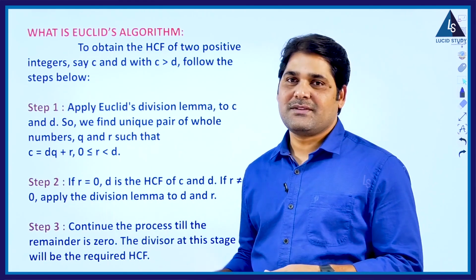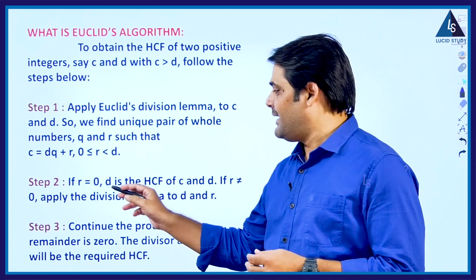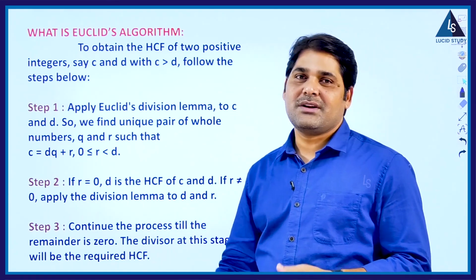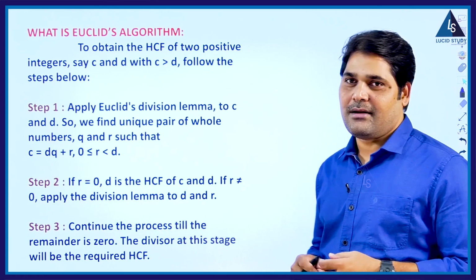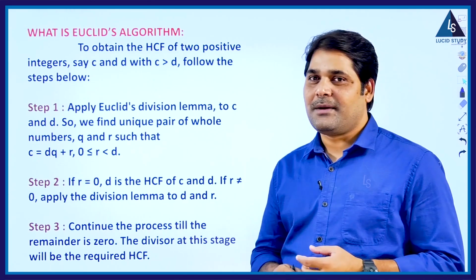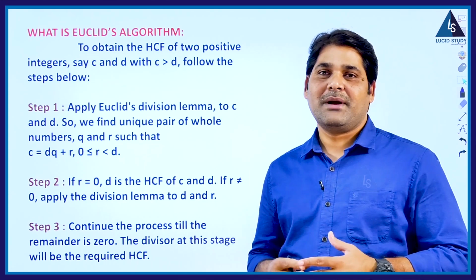Now step 2: see, if the remainder is equal to 0, then D is the HCF of C and D. If the remainder is not equal to 0, then again apply the division lemma for D and R. We will take one example, don't worry, and we will solve that. See next, step 3: continue this process until you get the remainder 0.